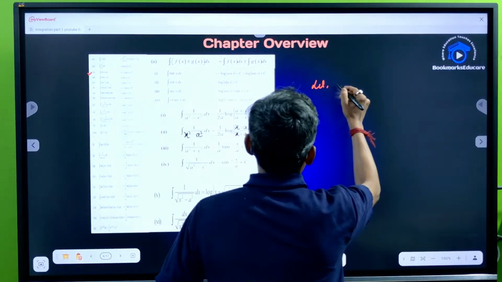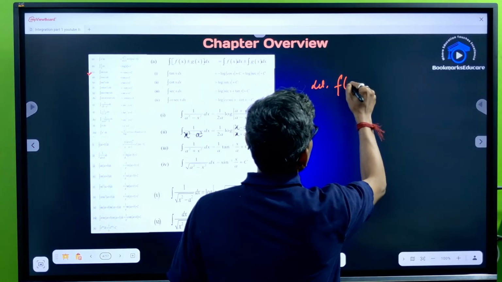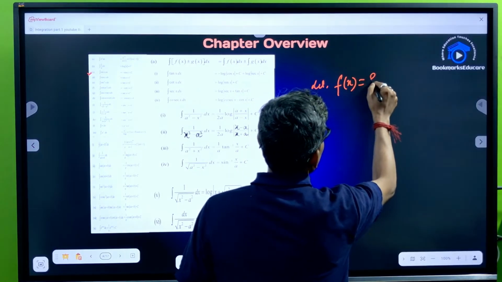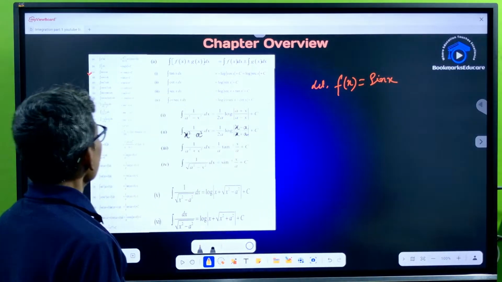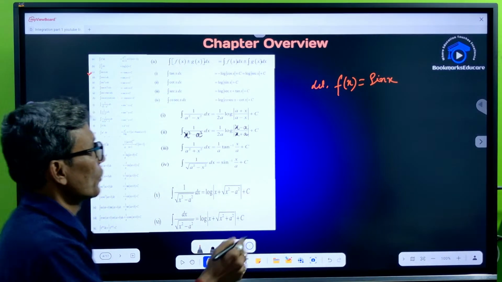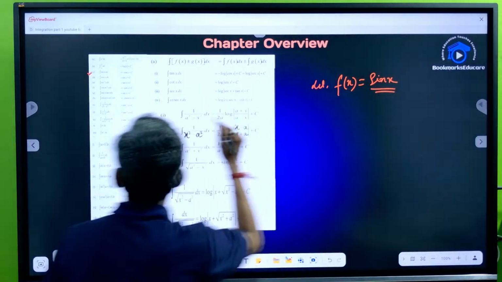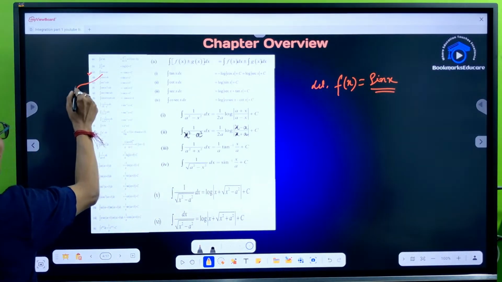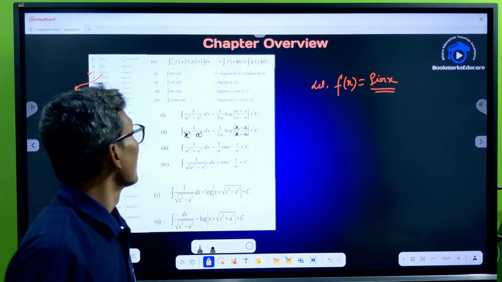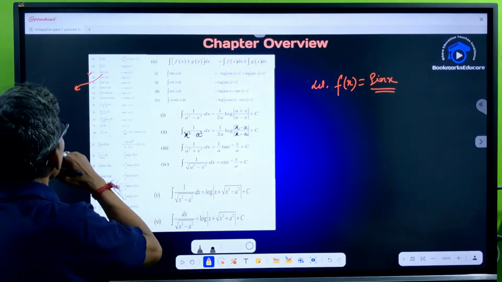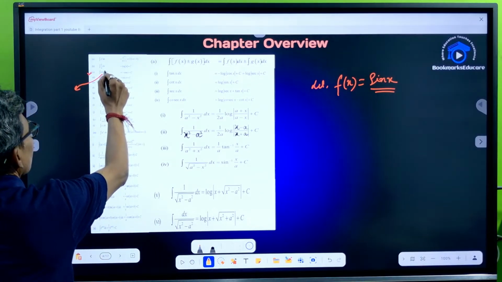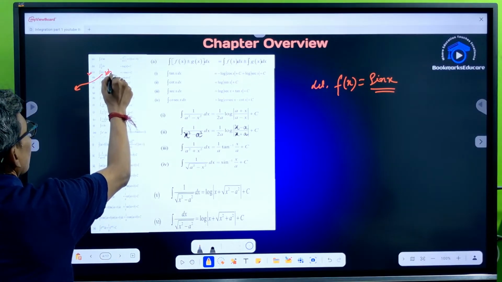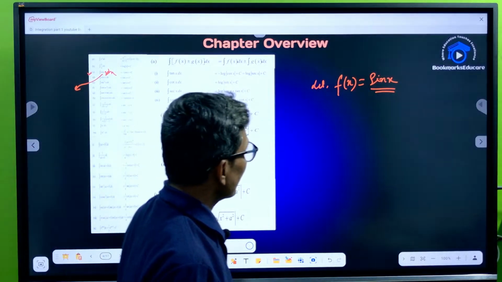Let the function be the trigonometric function sin x. Here sin x is known as the integrand.